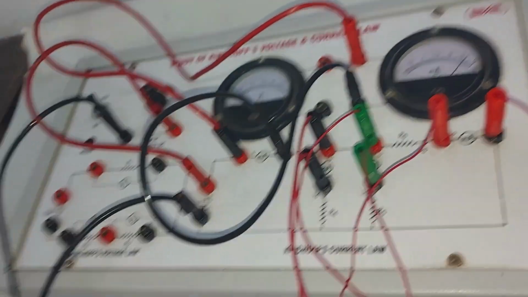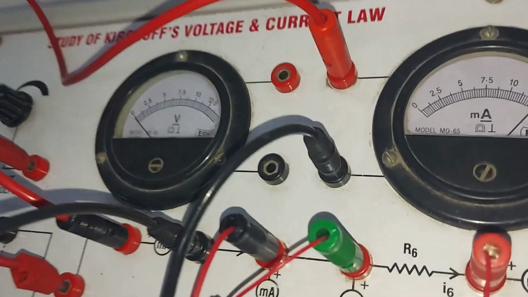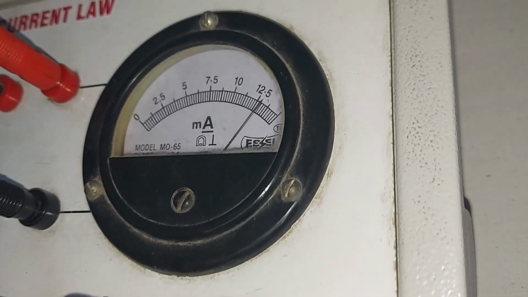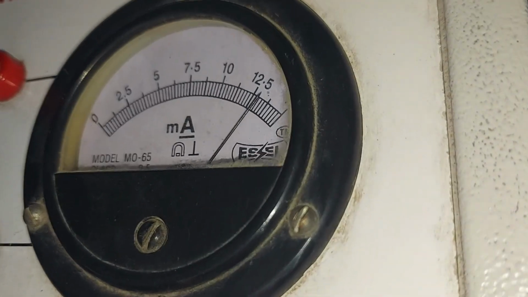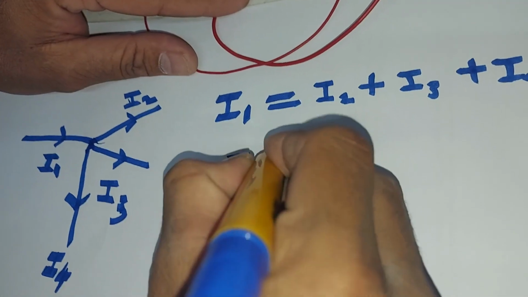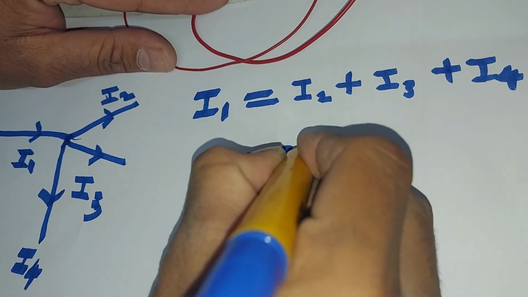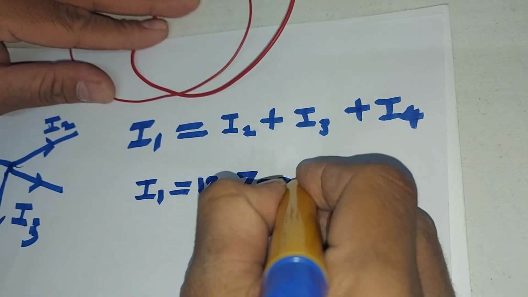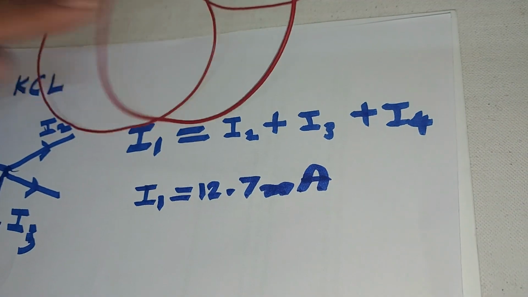Now, you can see this is our current I1 which is nearly equal to 12.7, you can see here in this meter. So, I will note down I1 is equal to 12.7 milliampere.